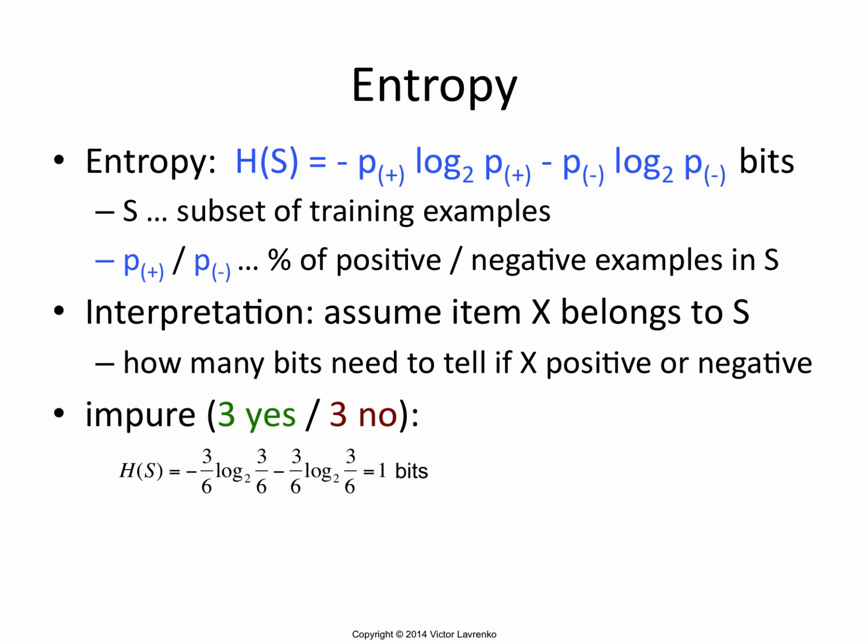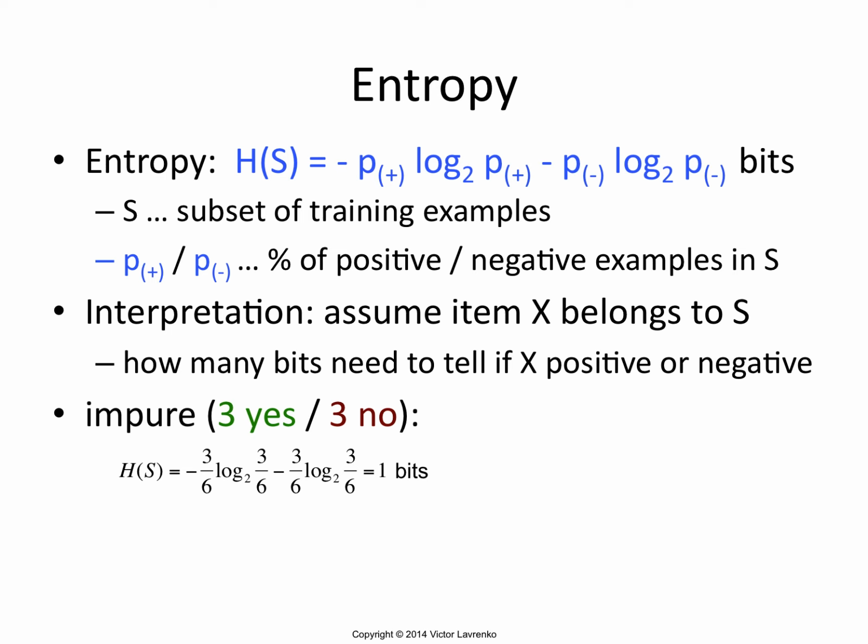So here's an example. We have a totally impure subset, 3 yeses, 3 no's. The entropy for that is log of 1/2, and it's basically the same thing for both terms. It's just log of 1/2, and it's base 2 logarithms. So base 2 log of 1/2 is just -1.